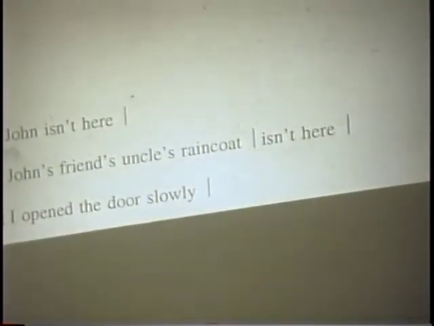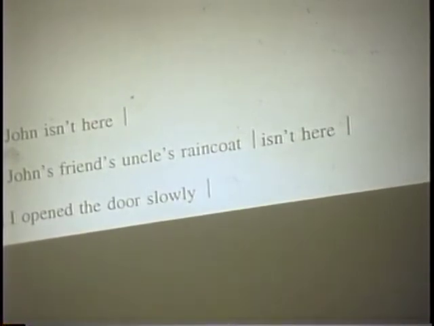Here's another fairly simple sentence which consists of a noun phrase subject, I, a verb phrase, open the door slowly. The door is a noun phrase object, and slowly is an adverbial phrase. I open the door slowly.